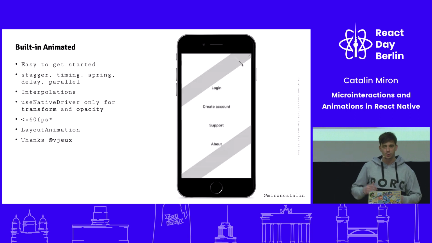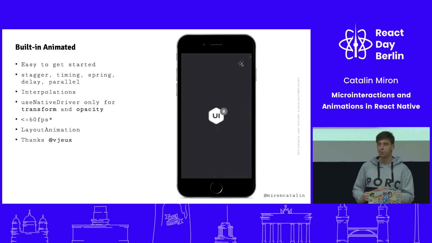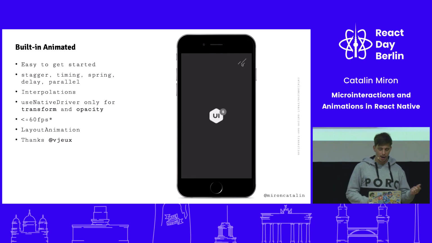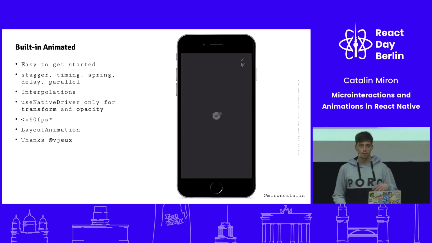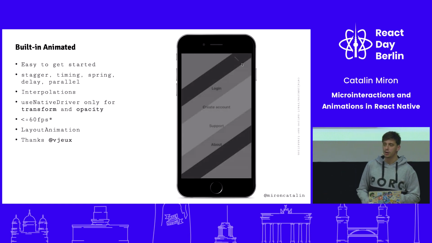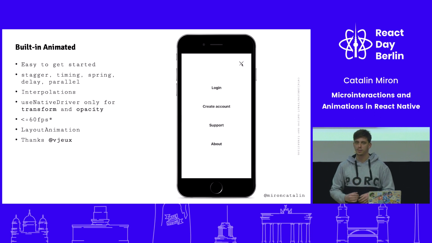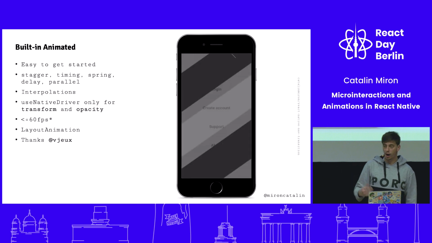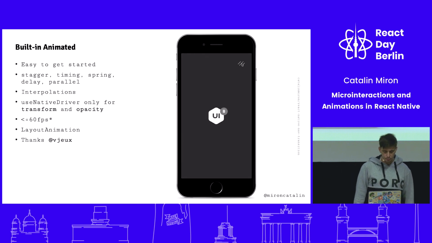You can also delay, do parallel animations. You can also do math operations like multiply, subtract, add, and so on. It also has support for interpolations. So if you are animating one value, you can also interpolate to that value and do, like, a background color interpolation or other different interpolations.